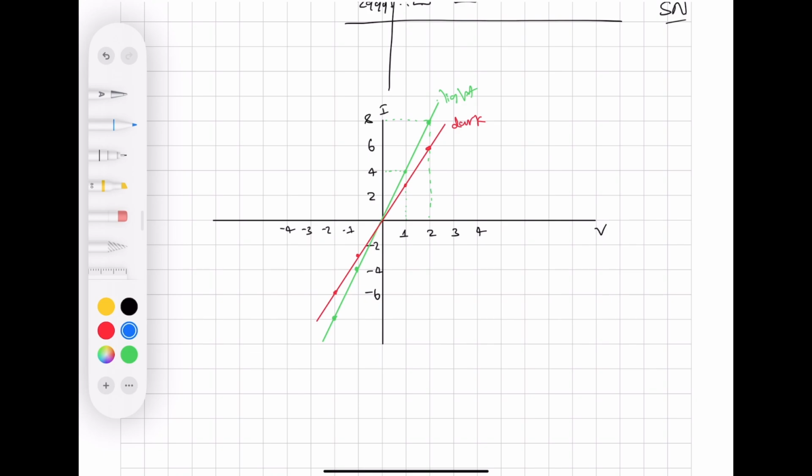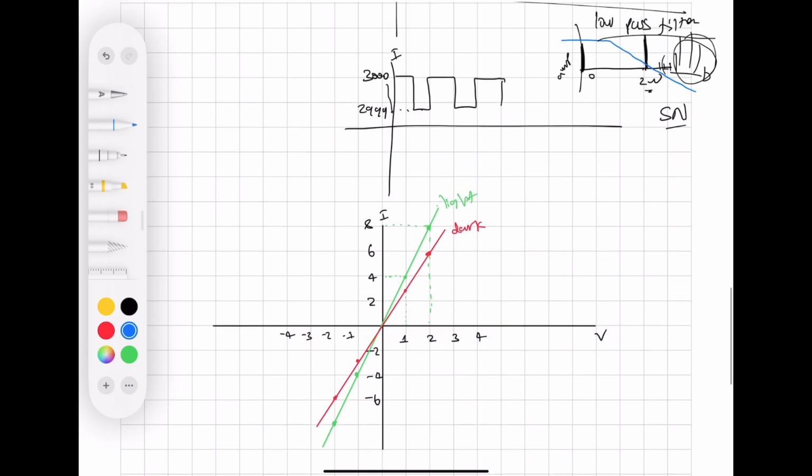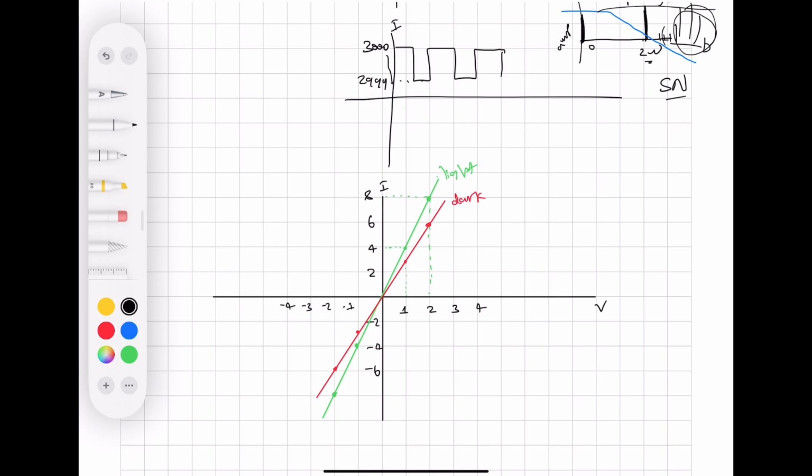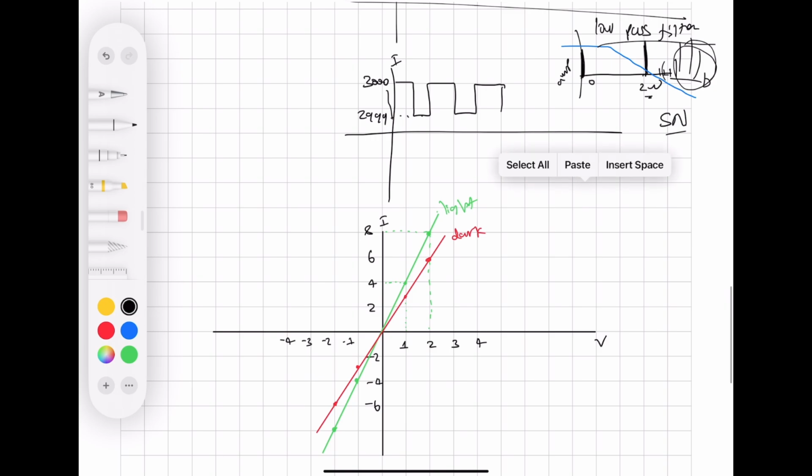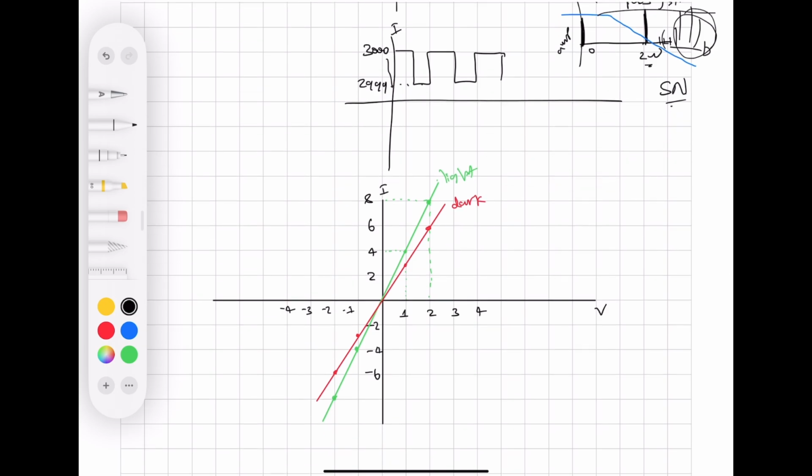Now we can subtract out. Now that we know the actual value of the light and the actual value of the dark, and we have a good signal to noise ratio, the photocurrent at, let's say, 1 volt is equal to I light minus I dark, and that will be 1 amp.